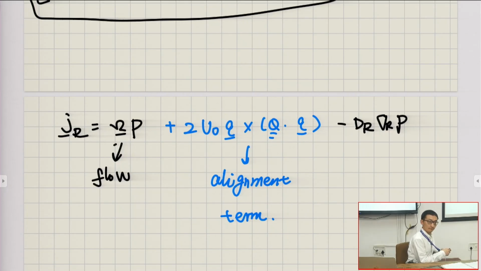Okay, good. You're getting to the right place, aligning with what? Which Q? There are two Qs. Big Q. That's correct. And why is that? Q is a tensor, right? The nematic. You're getting the right answer.